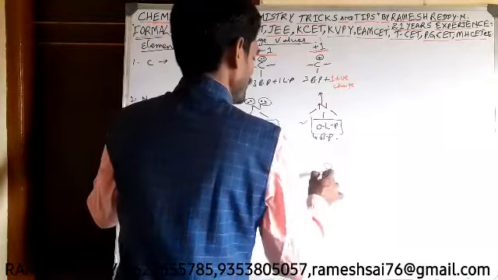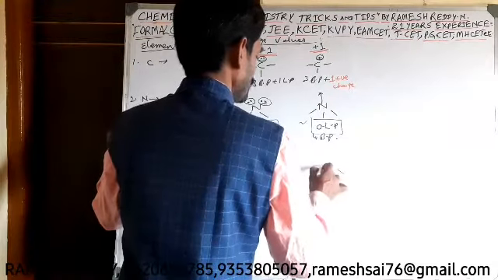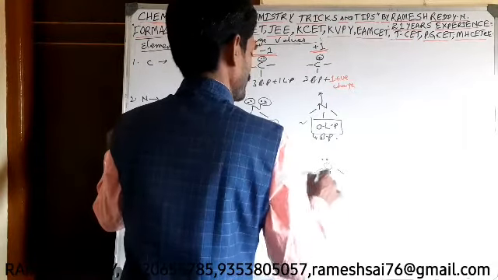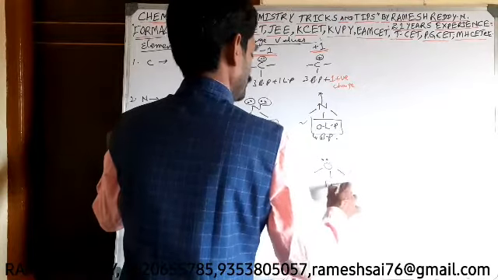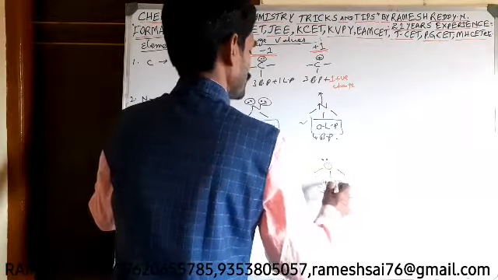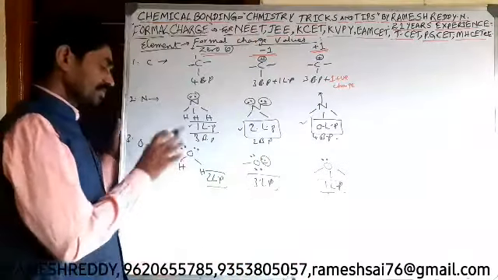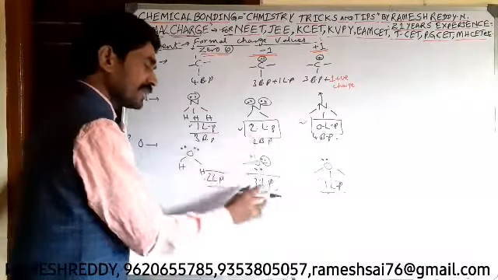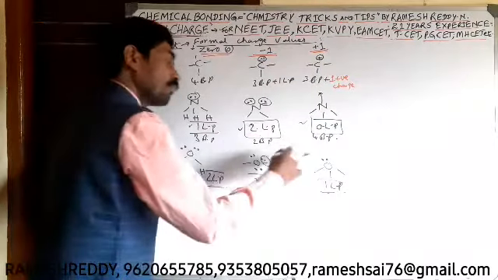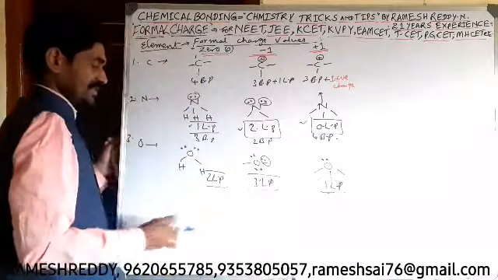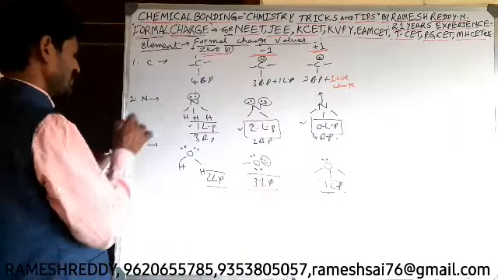If the oxygen has 3 bonds but only 1 lone pair, then the formal charge of oxygen is plus 1. So 2 lone pairs: 0. 3 lone pairs: minus 1. 1 lone pair: plus 1. That is right. Next one.